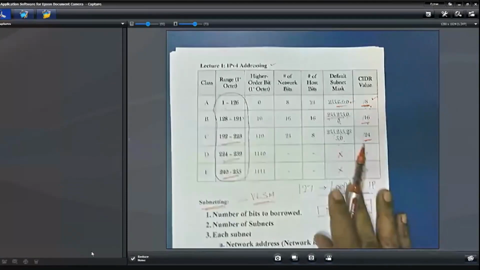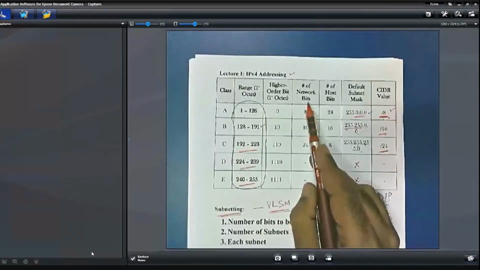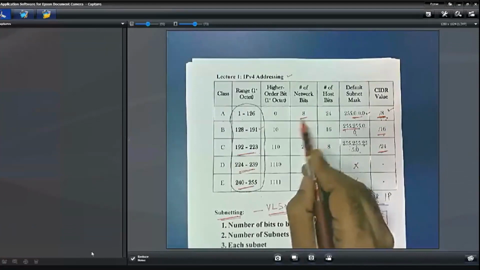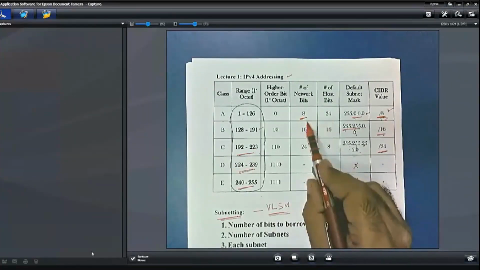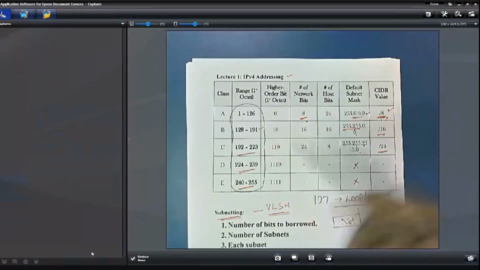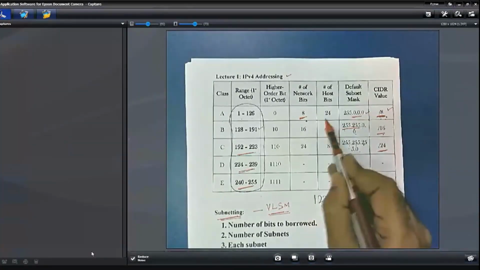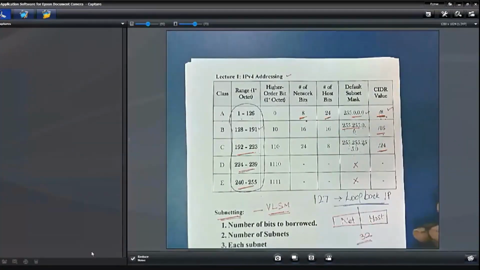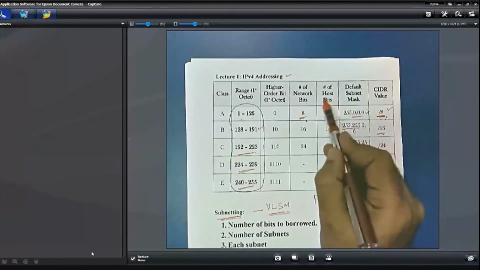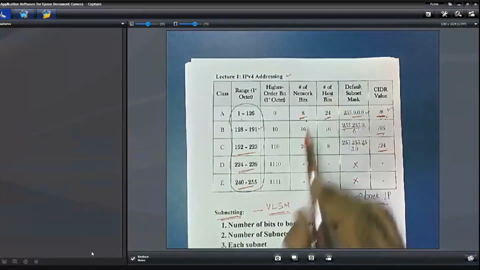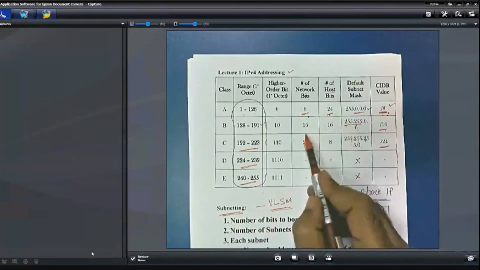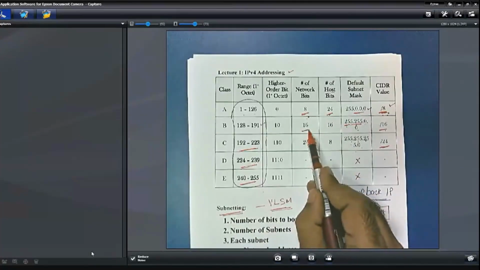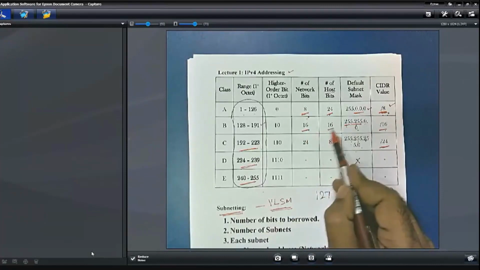Now you can see the number of network bits is 8. The remaining 24 bits are available in the host. So if you total the network and host bits, you will get 32. Same for class B: 16 bits in the network and 16 bits in the host.